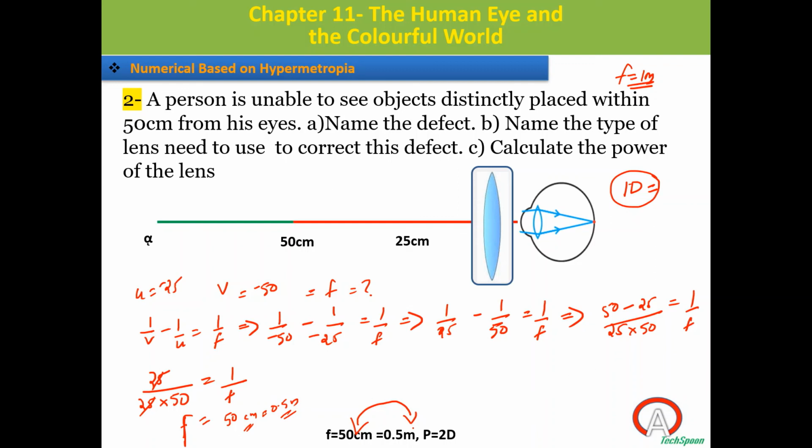You have to convert into meter, then divide 1 by f. We calculate 1 by 0.5. If we calculate 1 by 50, the answer will be wrong. So that is why we are converting into meter. Once you know what 1 diopter is, then it is clear. That is why we convert centimeter to meter.